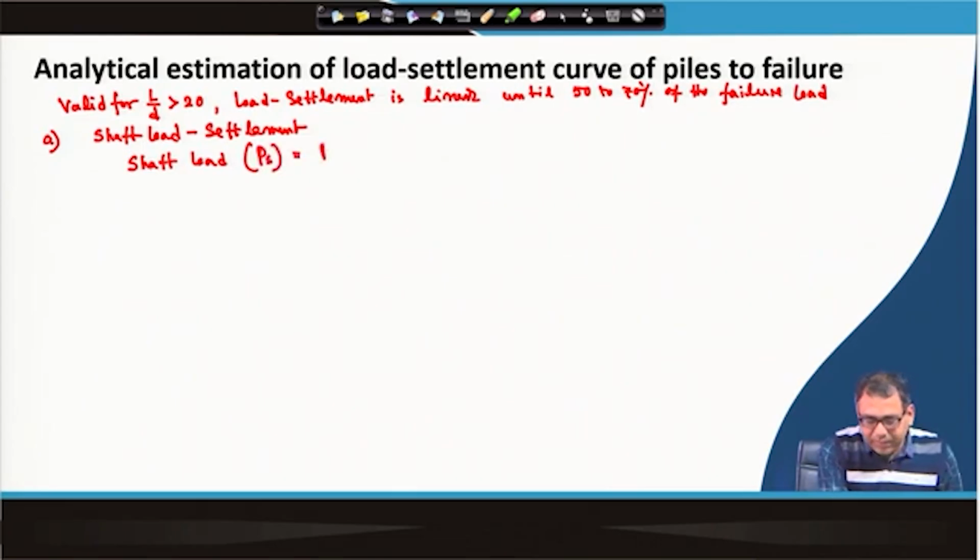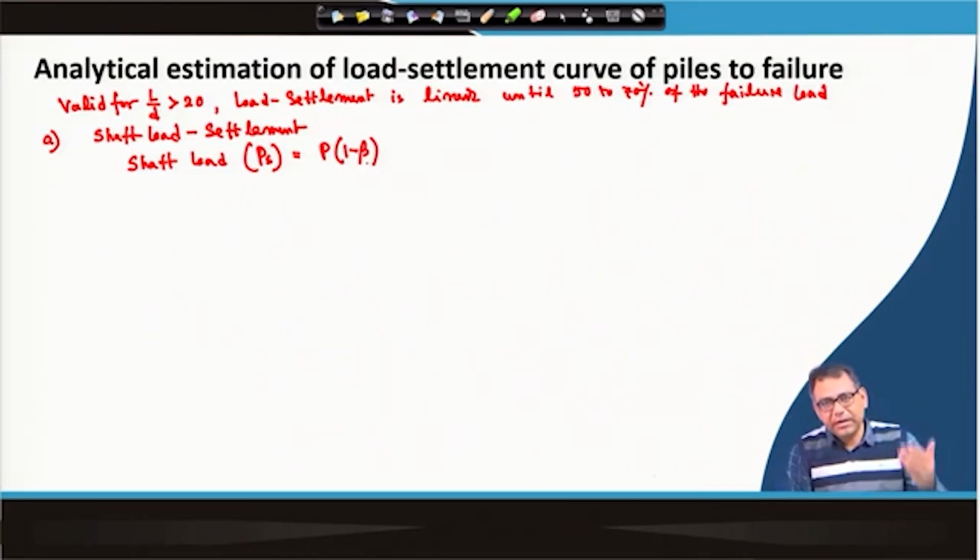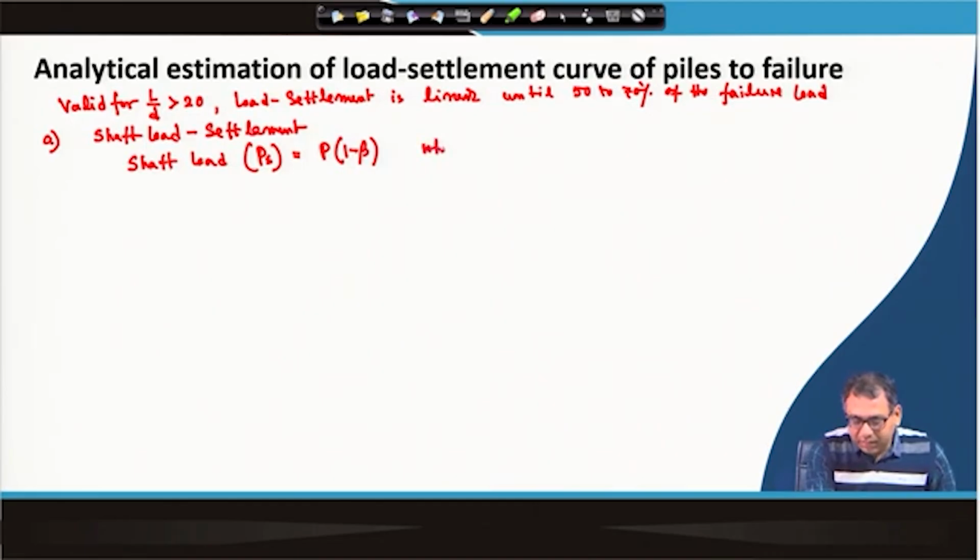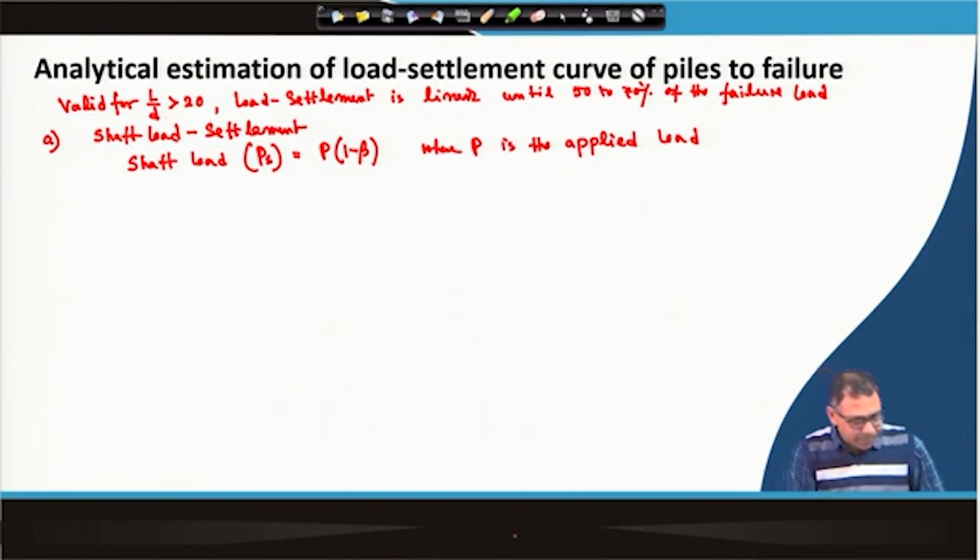That is equal to P(1 minus beta), because beta is the portion of the load which is transferred to the tip. So, the shaft load will be P into (1 minus beta), where P is the applied load. Okay.